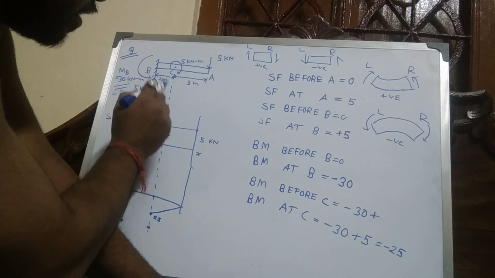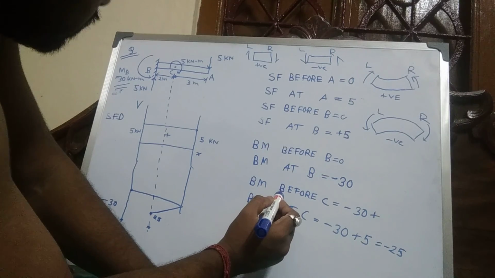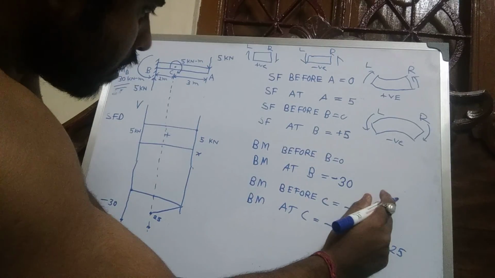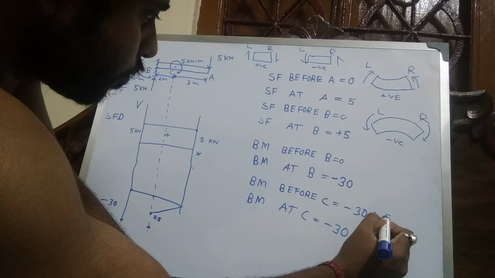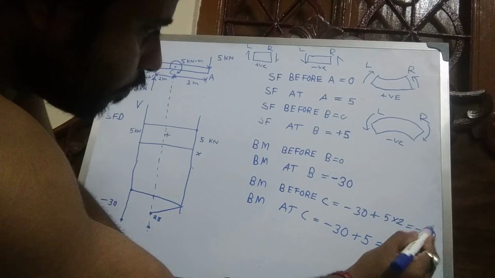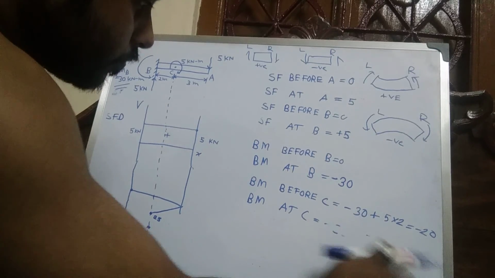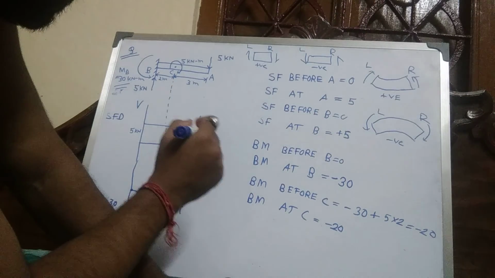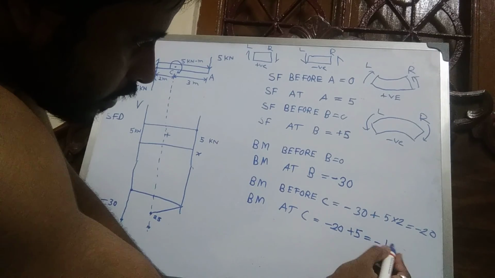Okay, before B there are no moments, so this point load into 2, plus, this is clockwise positive, plus 5 into 2, this is minus 20 before C, minus 20 at C, this is clockwise, plus 5 equal to minus 15.